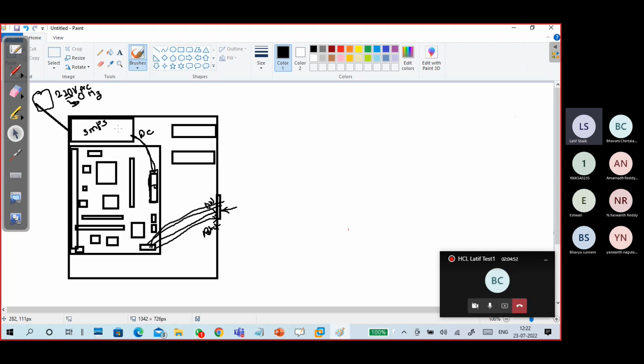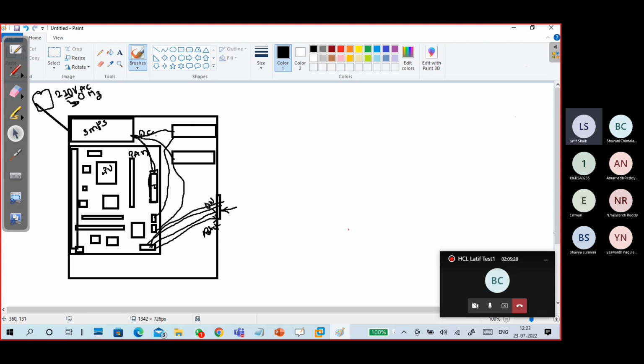SMPS will start running. Once it runs, it distributes the voltages to your motherboard, and the motherboard-connected components like CPU, RAM, BIOS, okay, like this. And your hard disk and CD-ROM are connected by data cables from the motherboard. Data cable is connected. Power cable is connected from SMPS.